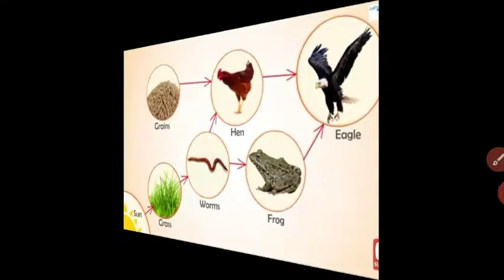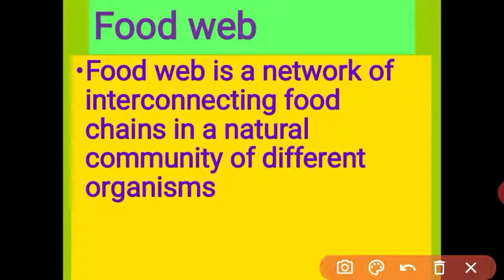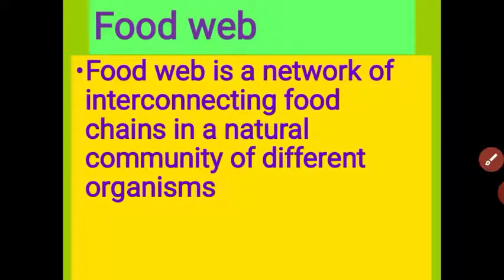Let us see the definition of food web. A food web is a network of interconnected food chains in a natural community of different organisms. Many food chains are interconnected to each other, and this is called the food web.